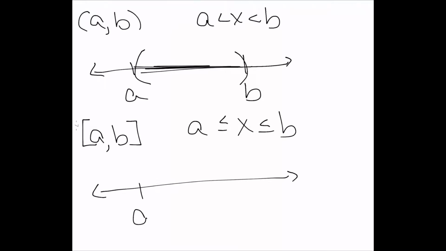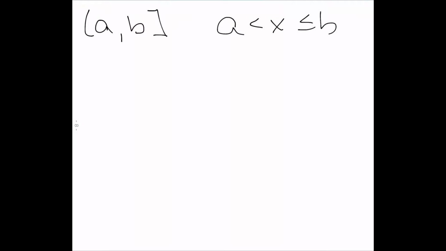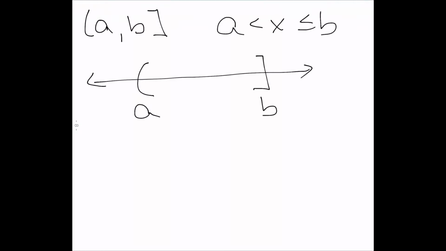And when we graph these, we use square braces on a and b and shade in the middle. And we can do combinations of these as well. We could have a parenthesis, a comma b with a square bracket. This would mean don't include a but include b. When we graph them, a would have a parenthesis and b would have a bracket, and we could shade in the middle.